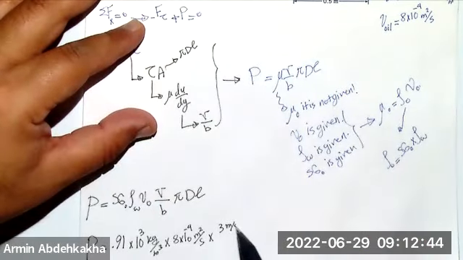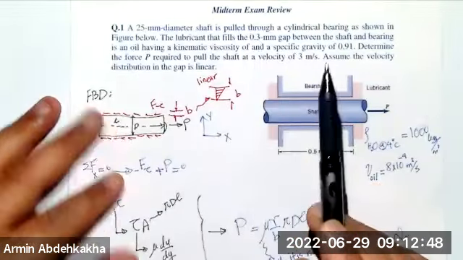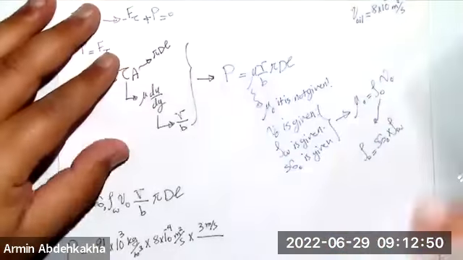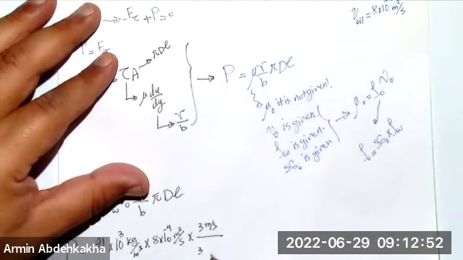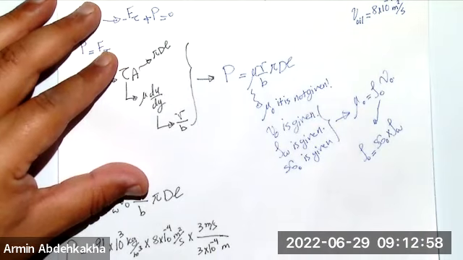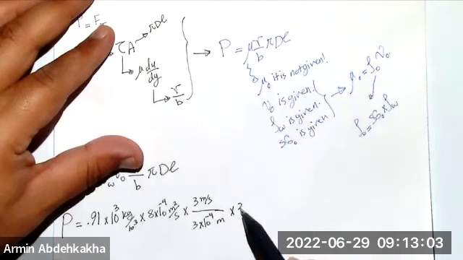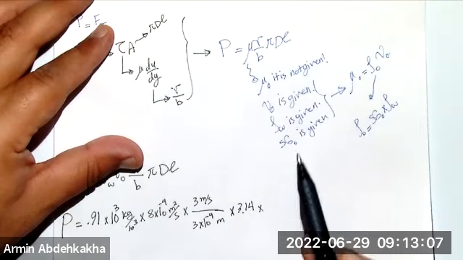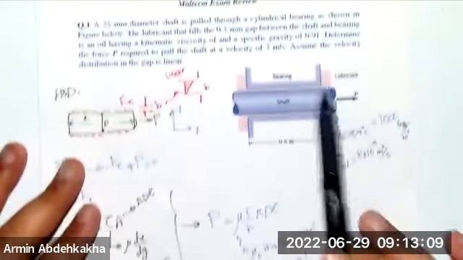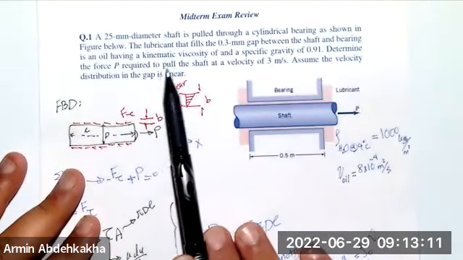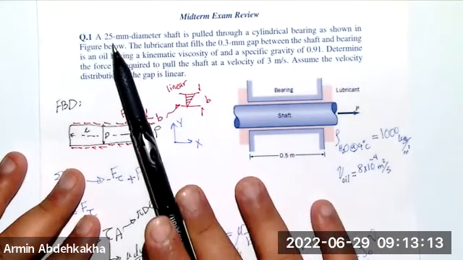3 meter per second, and also B is given, the gap is 0.3 millimeter, or 3 times 10 to the power of -4 meter. Okay, times pi, 3.14. D, the diameter of the shaft, is also given. It's 25 millimeter.